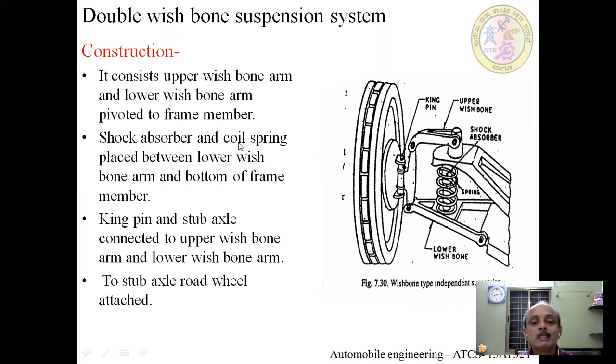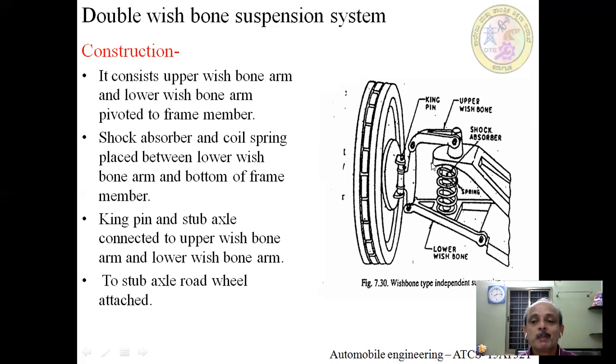Now the next construction: the shock absorber and coil spring are placed between the lower wishbone arm and the bottom of the frame member. Here you can see it.